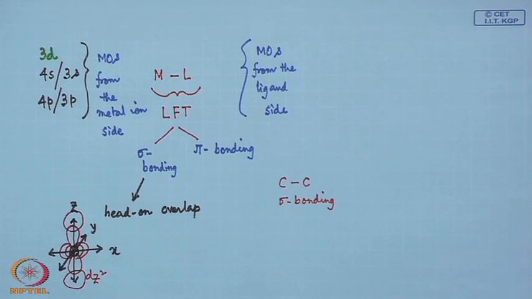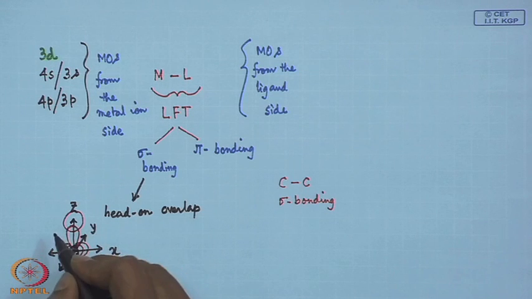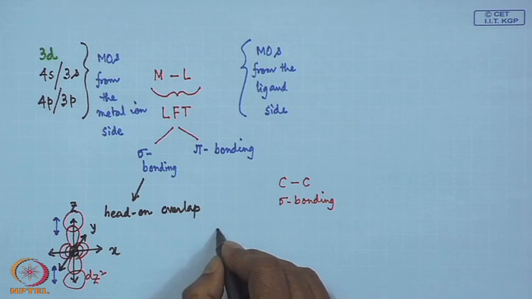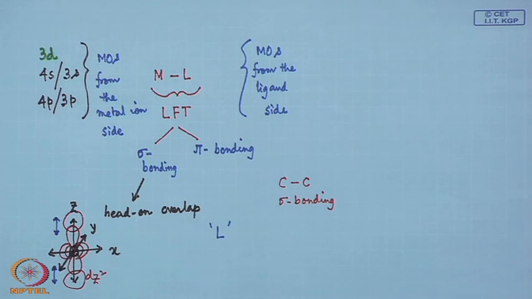If this head-on overlap is permissible, we can have a certain amount of head-on overlap, and the magnitude of overlap, which quantum mechanically we can treat as the overlap integral, can also tell us about the interaction from the ligand which is showing a direct sigma overlap with the metal orbital of dz square symmetry.